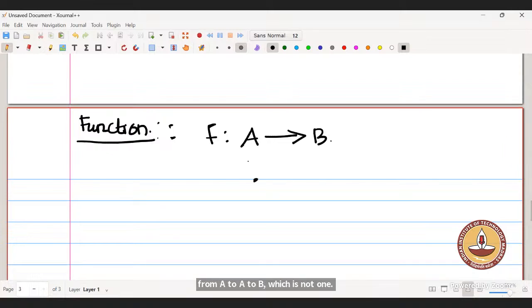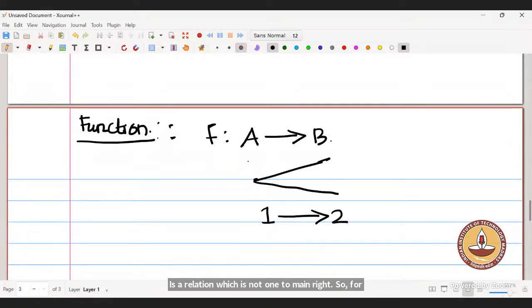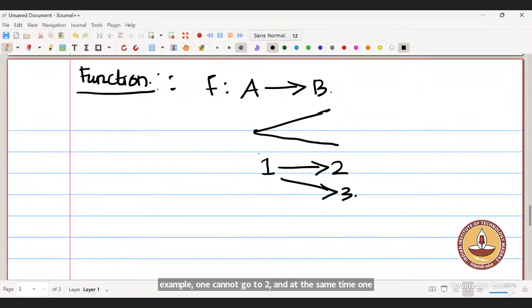So one element cannot map to two elements. This is not allowed for a function. For example, 1 cannot go to 2, and at the same time 1 cannot go to 3, right? This is not allowed for a function.